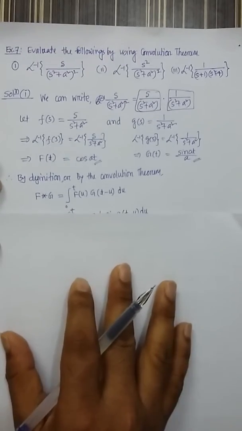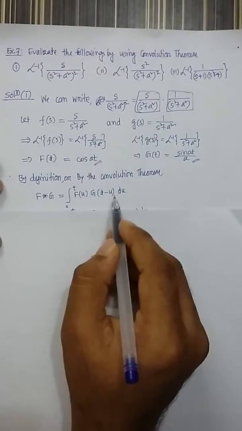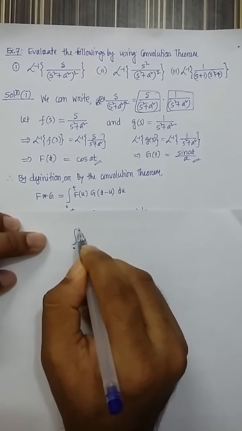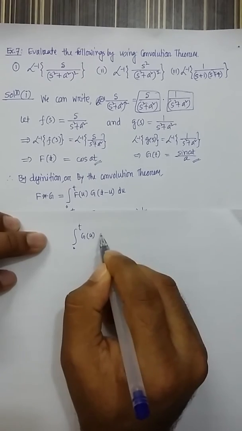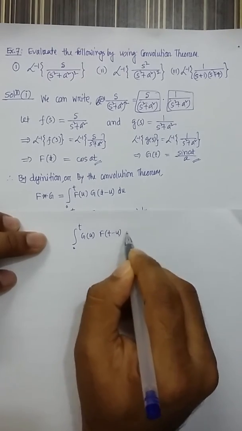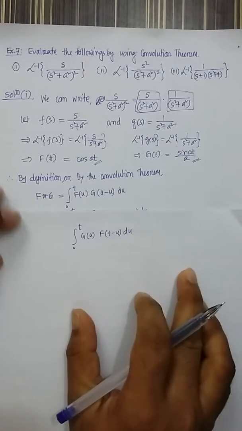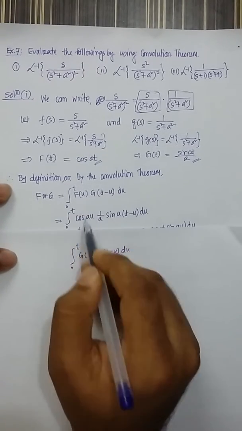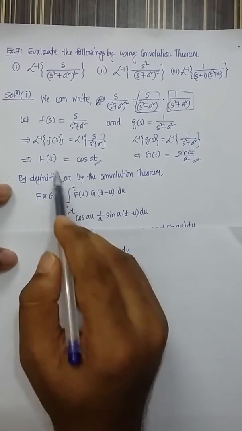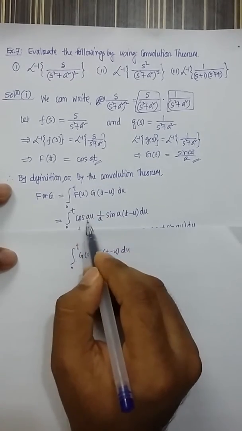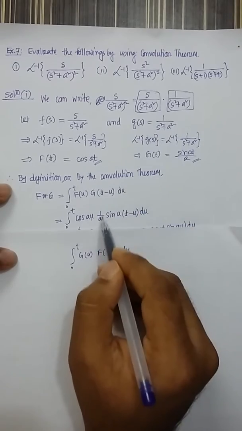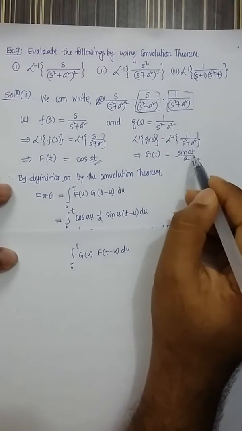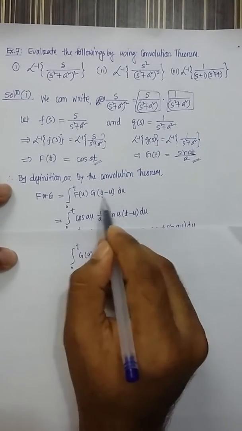By definition, F star g is the integral from 0 to t of f of u times g of t minus u du. No matter if you write it as the integral from 0 to t of g of u times f of t minus u du; you can write either. If we use this, since f of t is cos at, it will be cos au, and g is 1 by a sin at, with t replaced by t minus u.